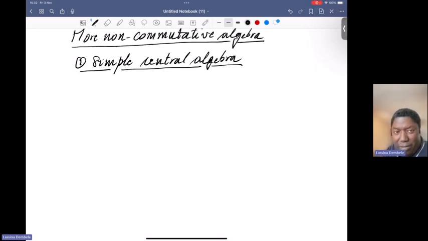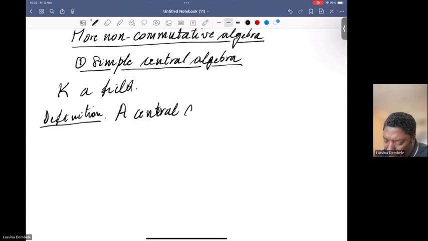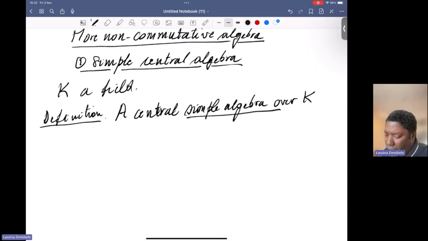So we are going to fix a field K. And then the first definition is a recollection: a central simple algebra over K is a K algebra.